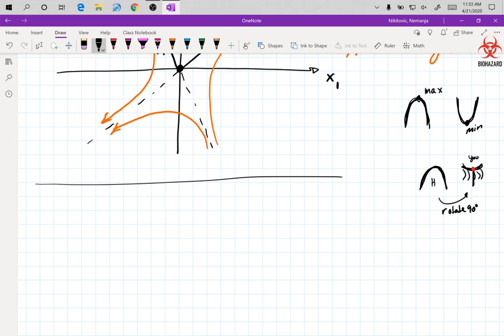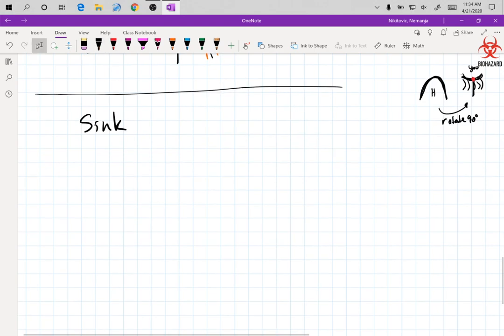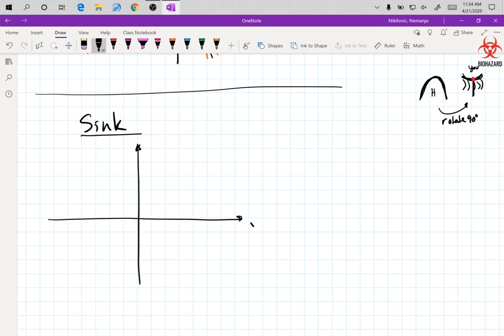All right, so the next one is going to be the sink. With a sink you have again these two vectors, but they are now going in and they're both negative. So we'll have now the sink, and again you can draw any two vectors. These are your solutions x1 and x2. You can draw any vectors you want, it doesn't matter.